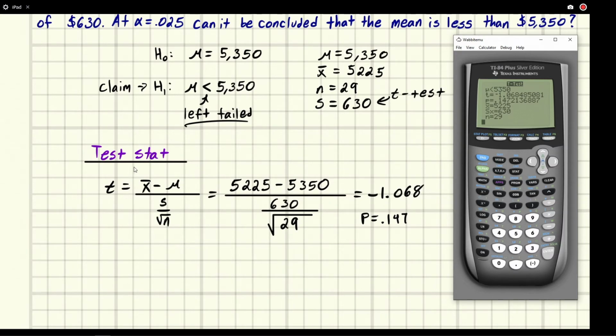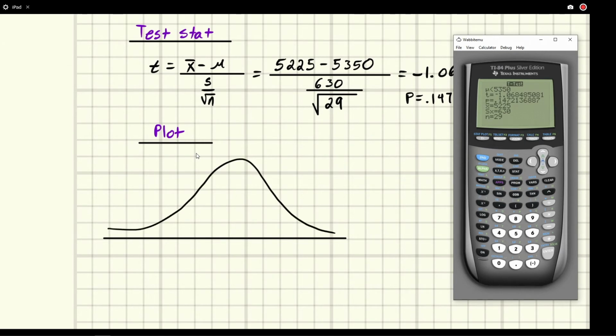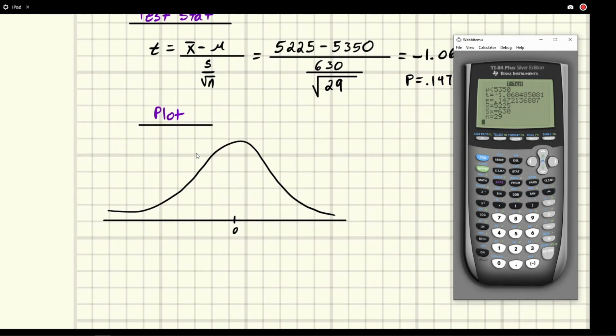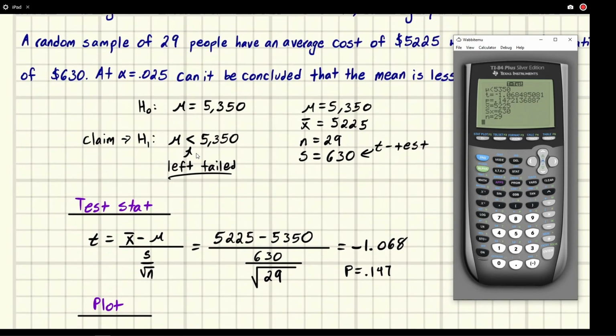Let's go ahead and plot this sucker on a graph. So we're going to go ahead and put down plot. And it's a normal distribution. Well, it's not quite like a z distribution. It's a little different, but it looks similar enough that we just can sketch it the same way. In the middle, we're going to have 0, just like before. And we need to figure out our critical value. So we need that for our alpha.